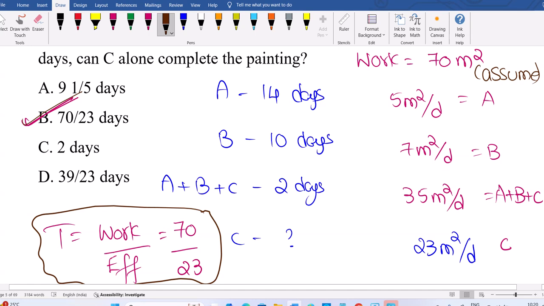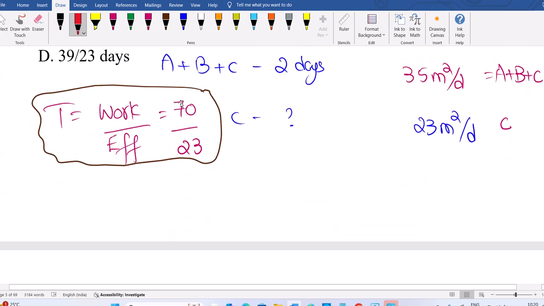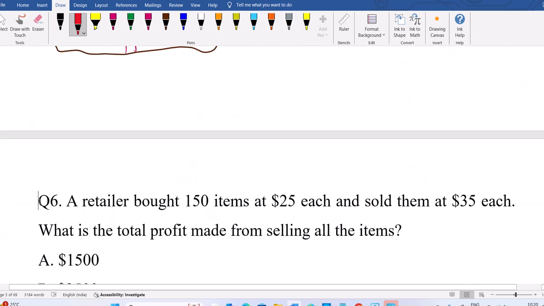The other method which will help you solve this question. Maybe if you recall, we gave one idea: if alone is given, how to calculate together, and if together is given, how to calculate alone. We already discussed that. This is one method. The other method I'll suggest you go ahead with.